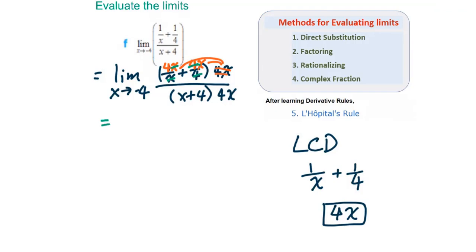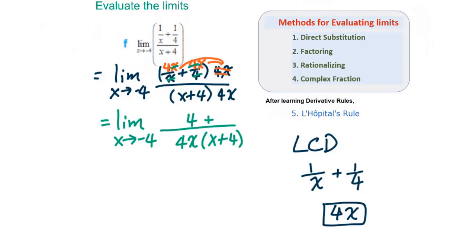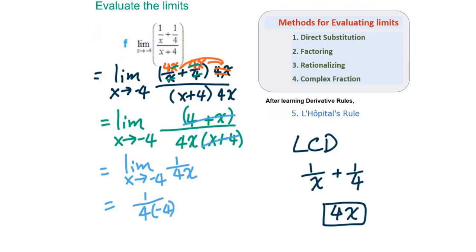So you get the limit as x approaches negative 4. Denominator, you have 4x times (x plus 4). The top, you have 4 plus x. Then you can reduce. This time, you will get the limit as x approaches negative 4 of 1 over 4x. So you can just plug in 1 over 4 times negative 4. That is negative 1 over 16.